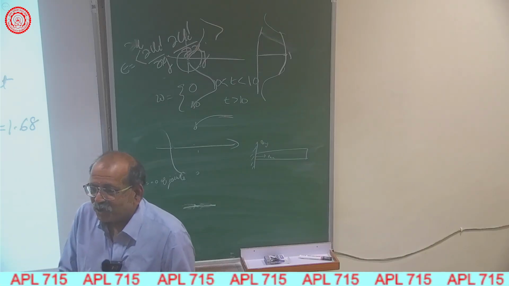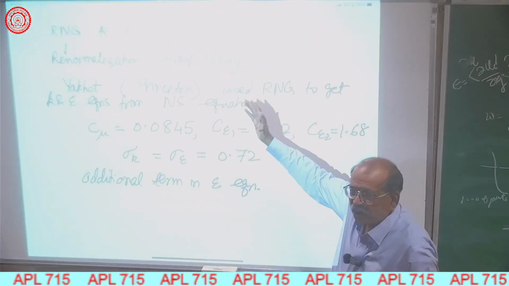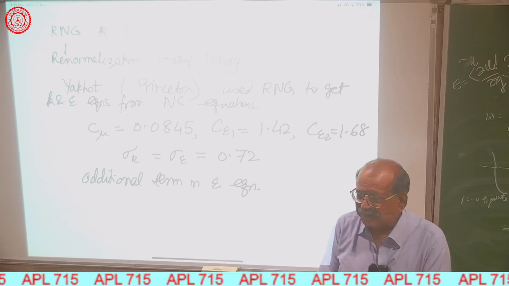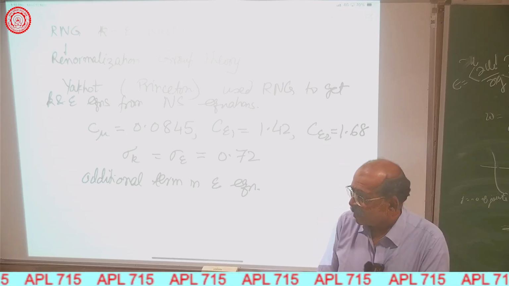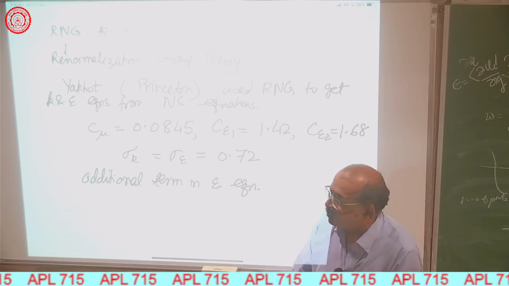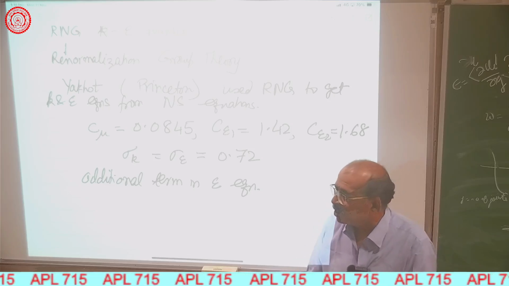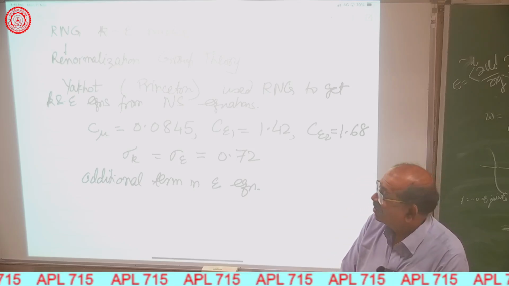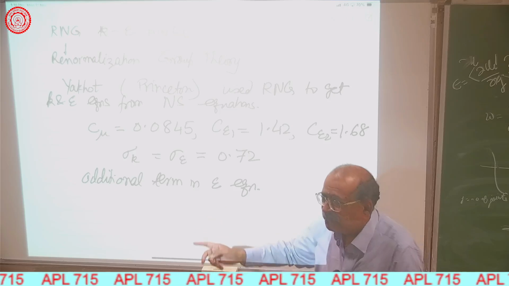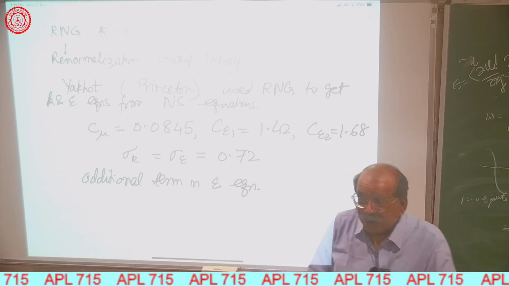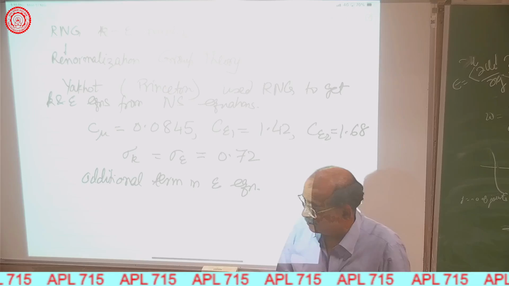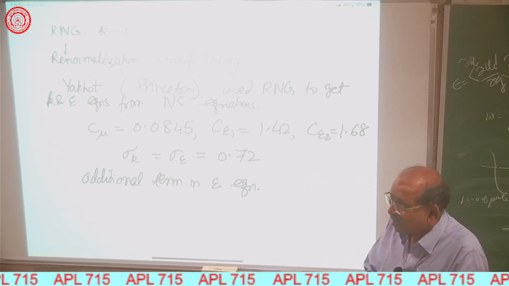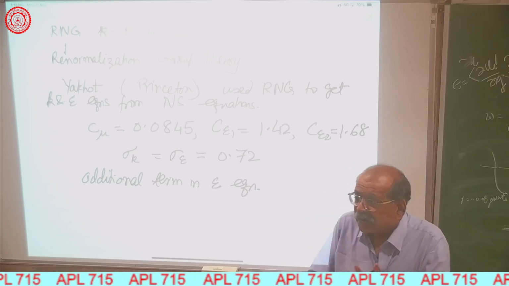And what he said was, instead of doing all this, why don't I write an equation for nu t? Then I don't need K, I don't need epsilon. I just write the equation for nu t. How do I write the equation of nu t? The way the equation of epsilon has been written. So he wrote an equation for nu t, and they solved many problems. And that model is called the Spalart-Allmaras model.